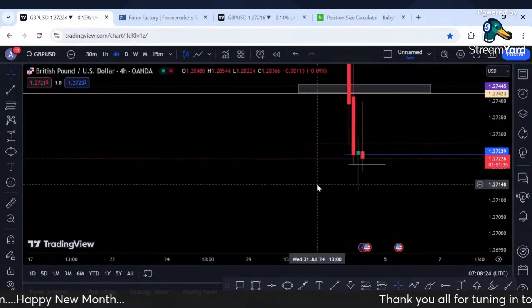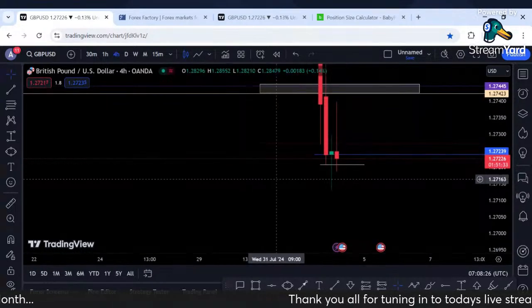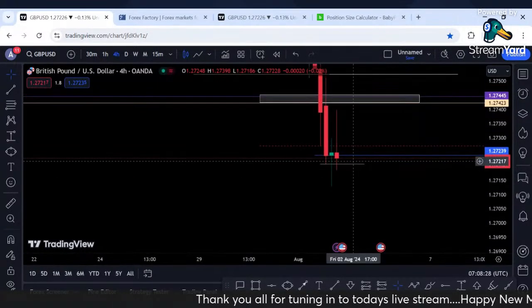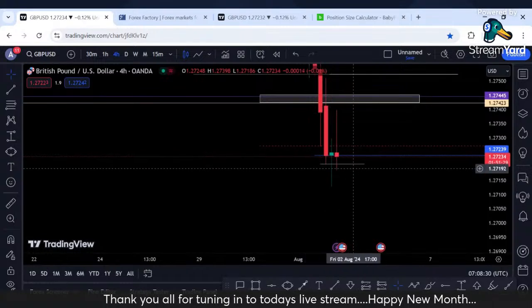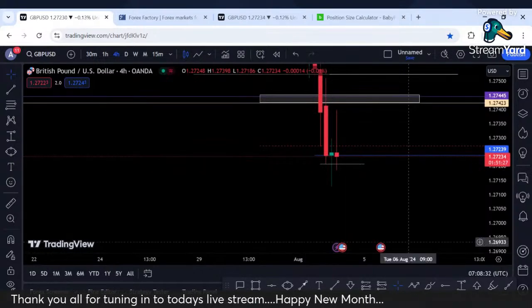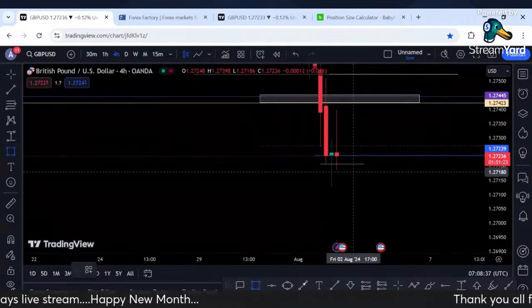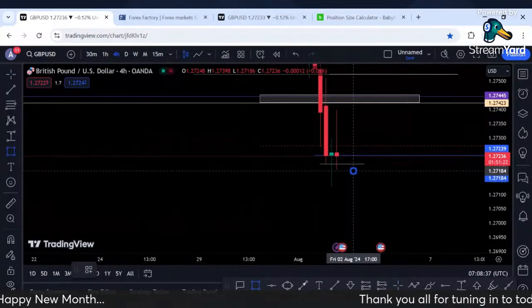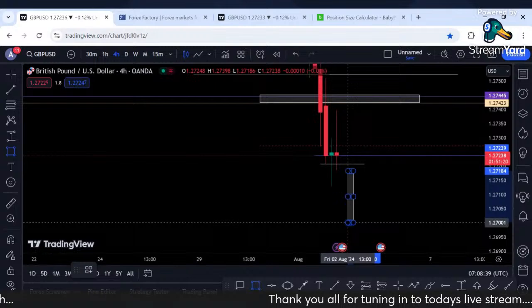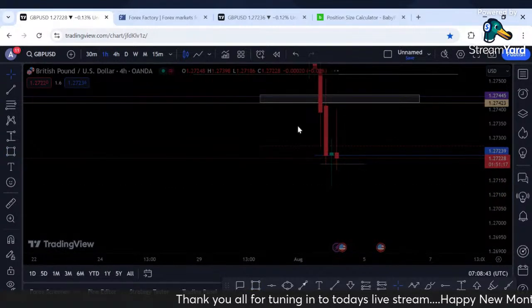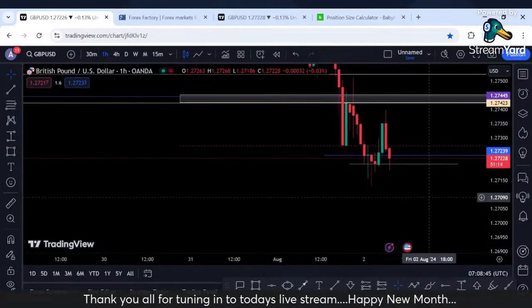So this is how I'm going to be taking the entry. If this H4 candle closes bearish like this, maybe, and the next H4 candle flips bearish, that's when maybe I'll be taking a sell.